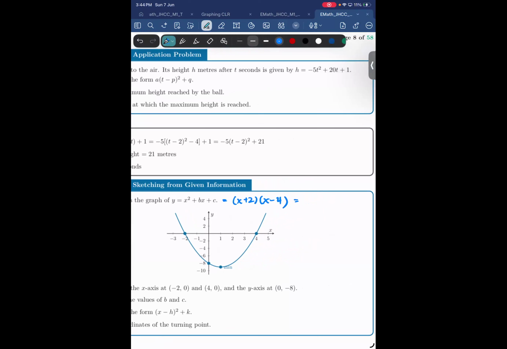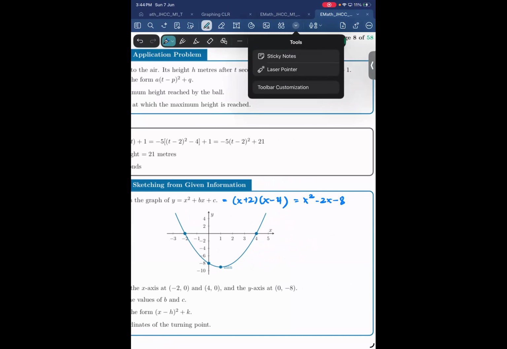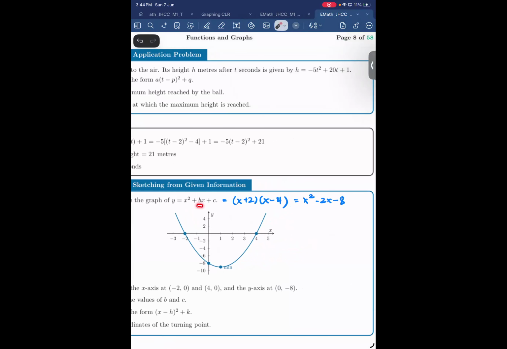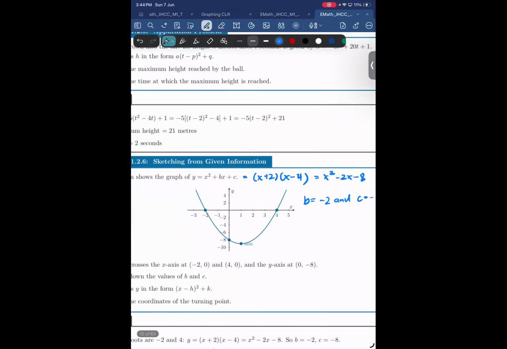If you expand it, this will be x squared minus 2x minus 8. Then if you compare with the original graph, this means b is -2 and c is -8.